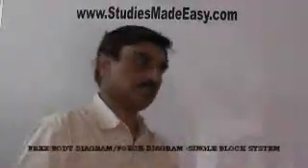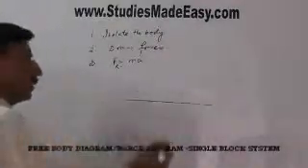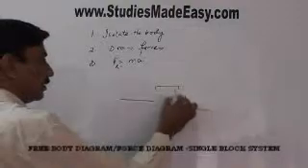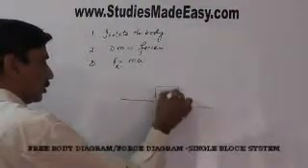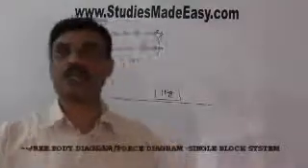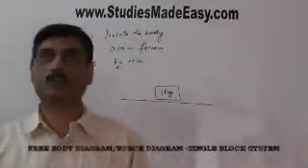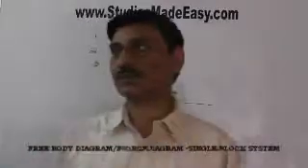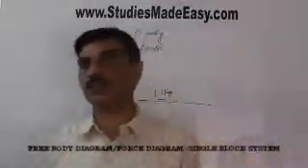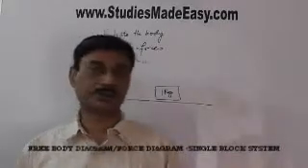Now let me take a simple example where, onto a table, there is a block of mass 1 kg. Do not say the weight of the block is 1 kg, its mass is 1 kg. Mass is a scalar quantity, weight is the force with which the earth pulls the body towards its center, and that is m into g, mass into acceleration due to gravity, and weight is in Newton.